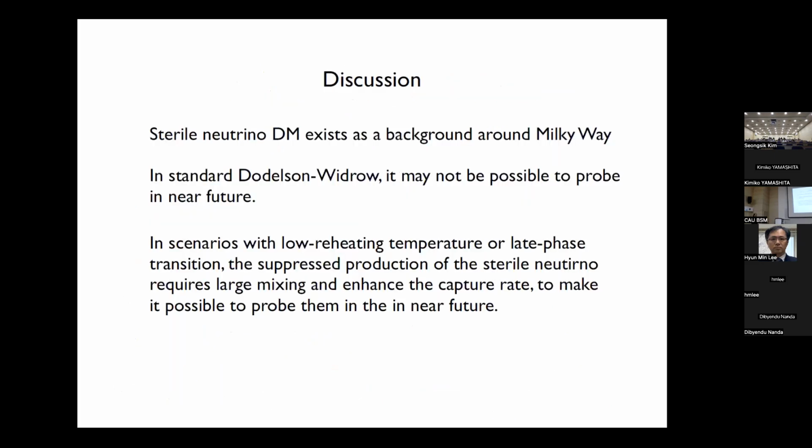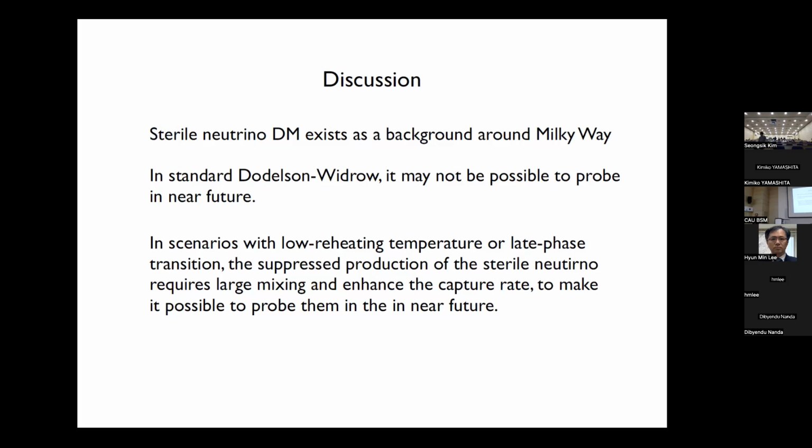So as a final summary, with the usual Dodelson-Widrow mechanism, when the temperature of the universe is high, it's difficult, basically impossible, to probe this sterile neutrino. Well, that's also similar to the electron neutrino, which is not easy to probe.